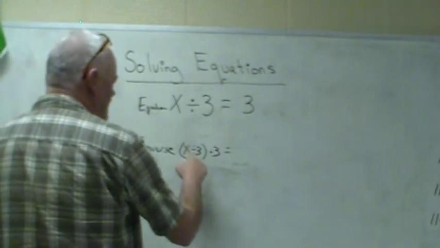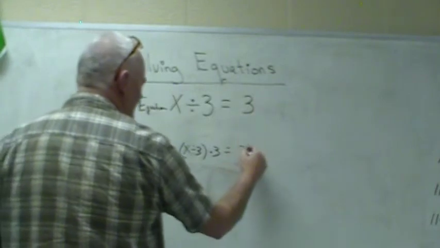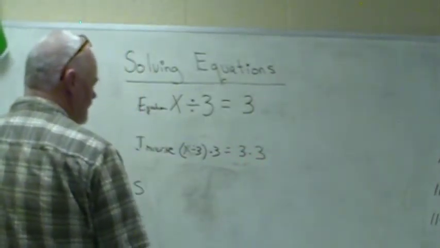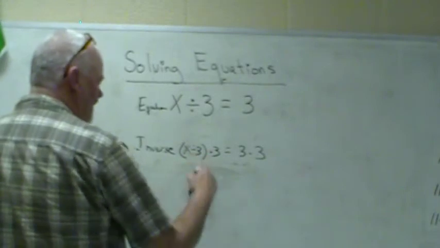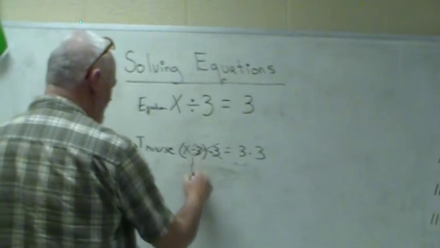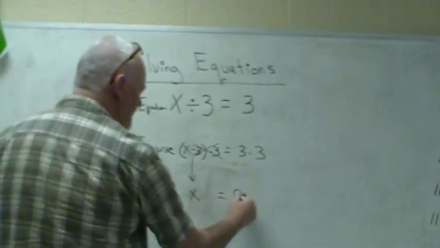Whatever is happening here, we do the inverse, but whatever we do on this side, remember we got to do on this side. Remember, dividing and multiplying are inverses. When you do the same thing, they disappear. So all we're left with here is our x. 3 times 3 is 9.